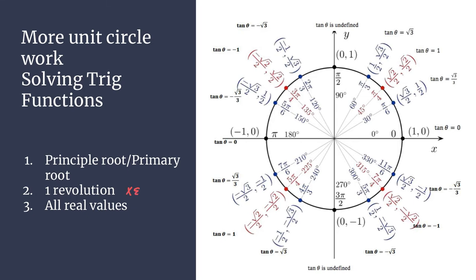That means x is between 0 and 2 pi. And then you're going to be asked to find all real values. Here you need to make sure you're using k to represent all integer solutions. Again, that's going to be revolutions forward and backwards, giving us all values from negative infinity to positive infinity.